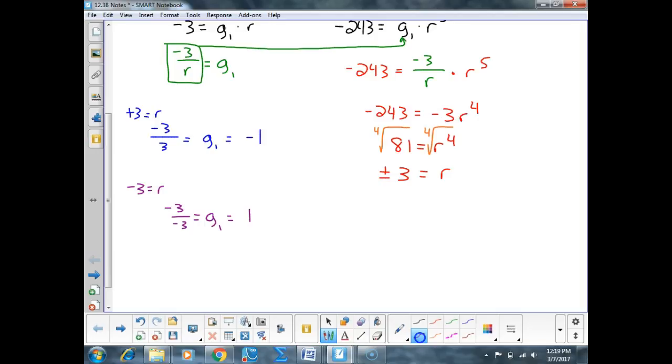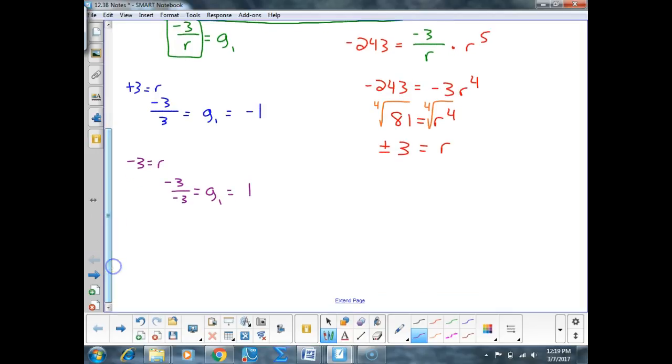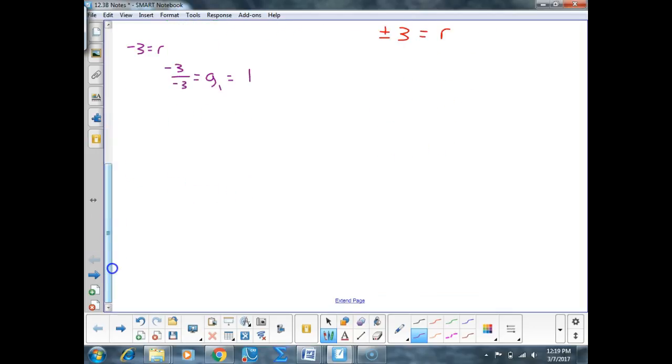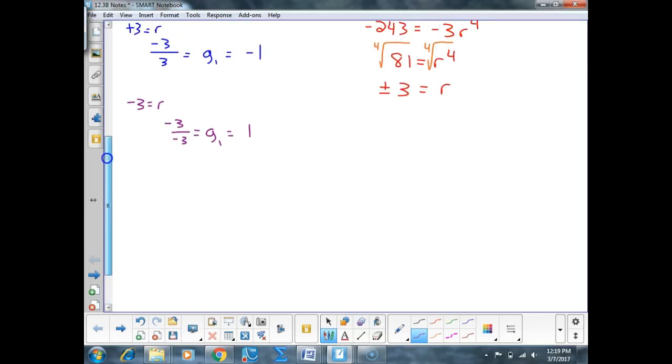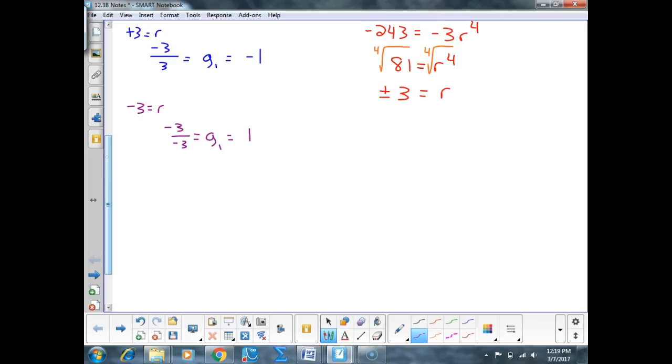So I have 2 because I have 2 different R values. I have 2 different G sub 1 values. So I'm going to have 2 different rules. So my first rule is going to be G sub n is equal to G sub 1 times r to the n minus 1 power.